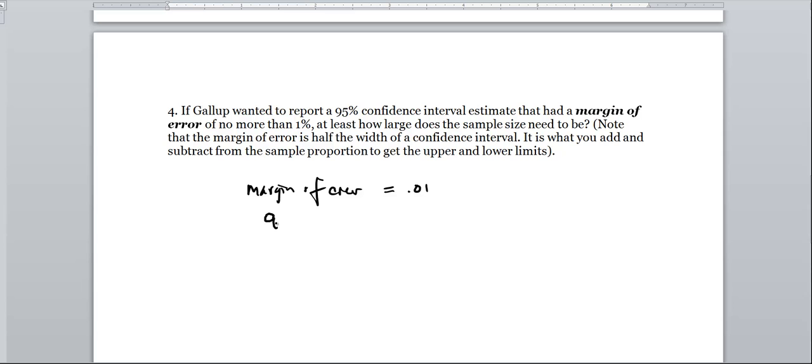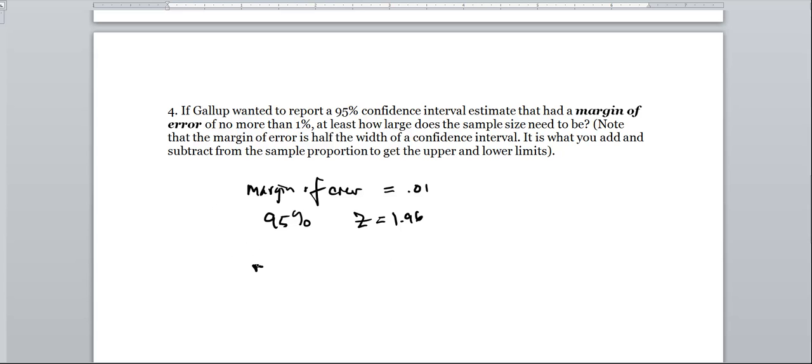And I want to do a 95% confidence interval. So Z is going to equal 1.96. And the question is, well, how large does my sample have to be? Or what's the smallest sample I could possibly take and get this margin of error to stay at 0.01.